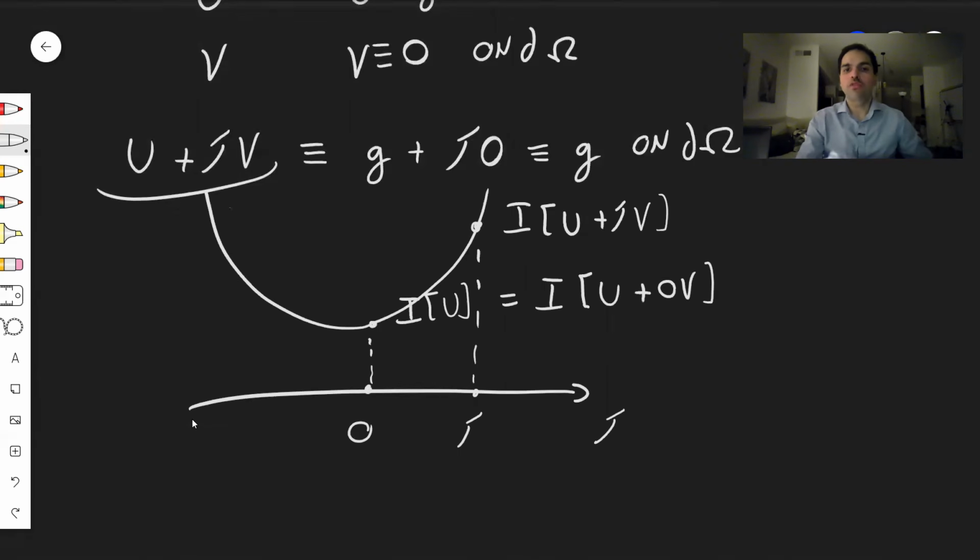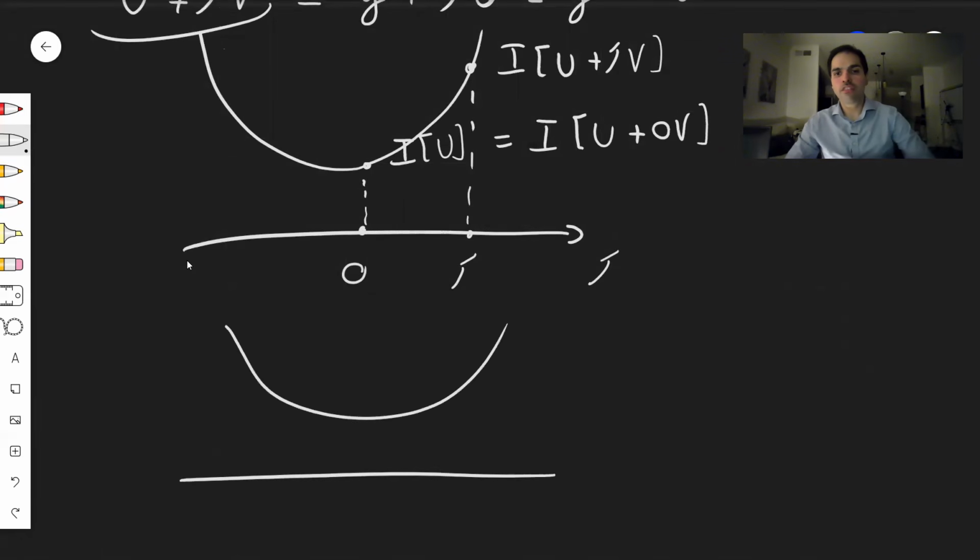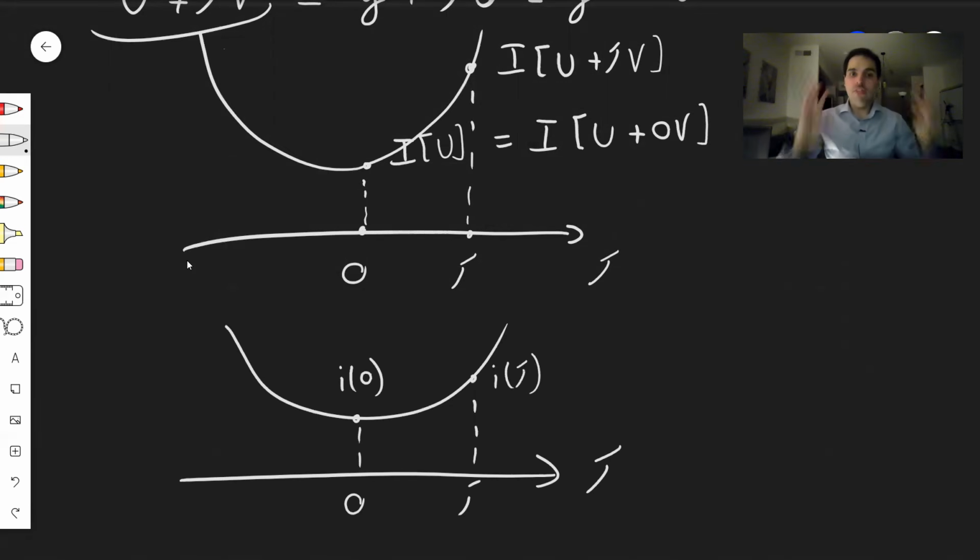So in other words, if you want to draw the graph of little i, it just looks as follows. So this is tau. This at 0, it is i of 0. And in general for tau, it is i of tau. Now, I want to emphasize little i is a function of one variable. So what do you know from calculus about functions which have minima?